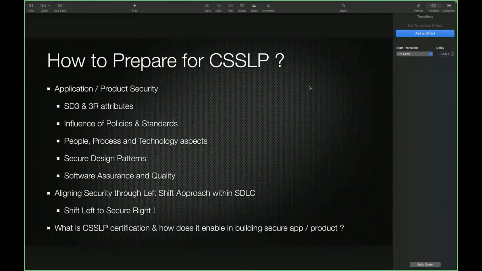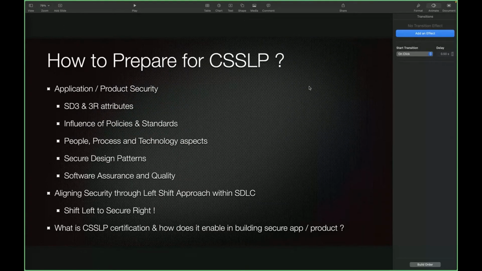Along with the methodologies, we need to also define the protection needs. What I mean by protection needs is, when we develop software for an application or a product, we need to understand what aspects I need to protect.